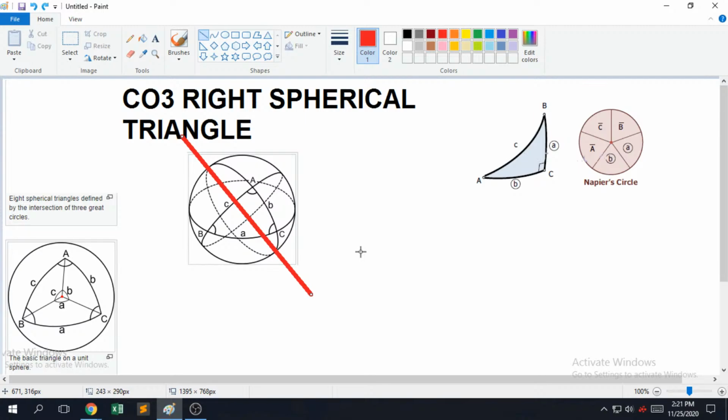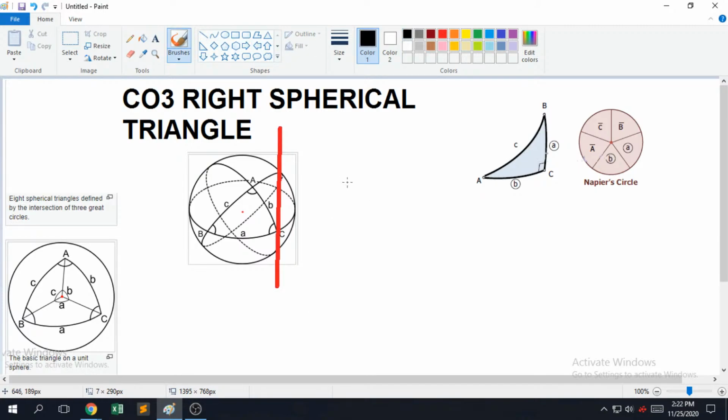So if the circle intersects or passes through the center point of the sphere, that is what we call a great circle. If we slice a ball right here, that wouldn't be a great circle, because it wouldn't pass through the center point.